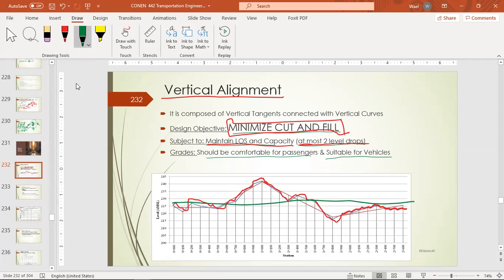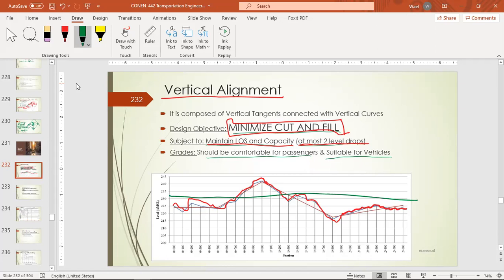Forgive me, this is supposed to be a straight line. So why don't we go with this option?